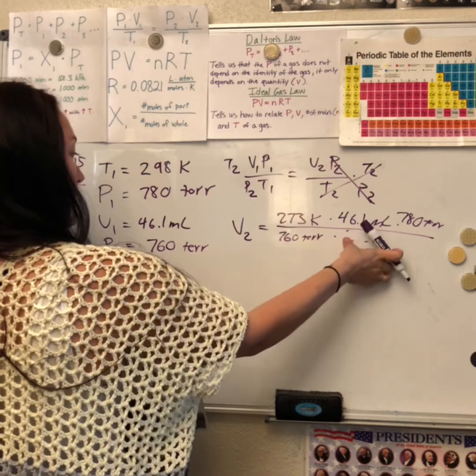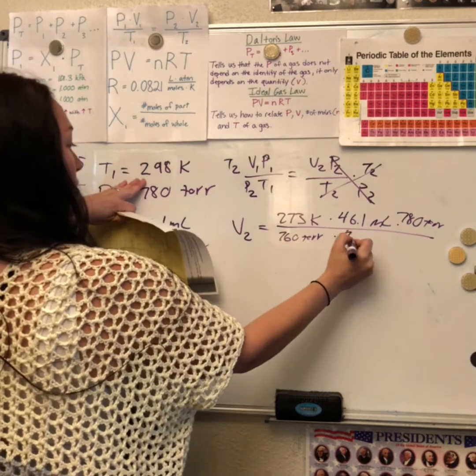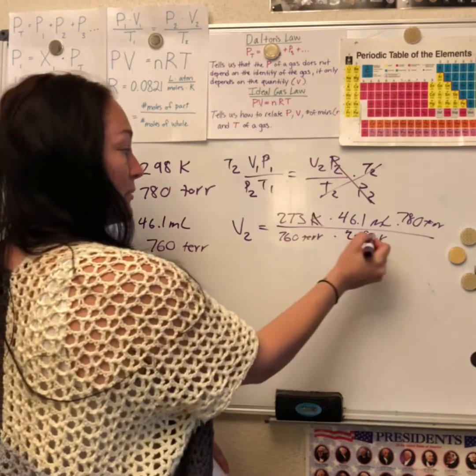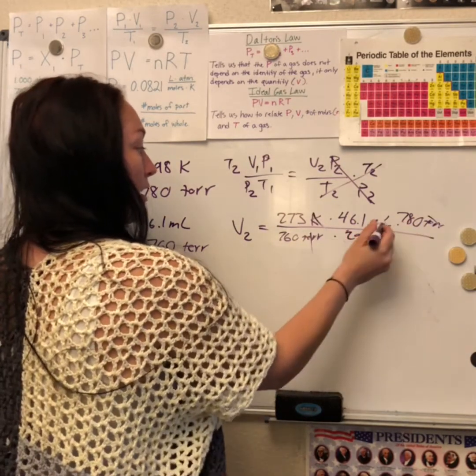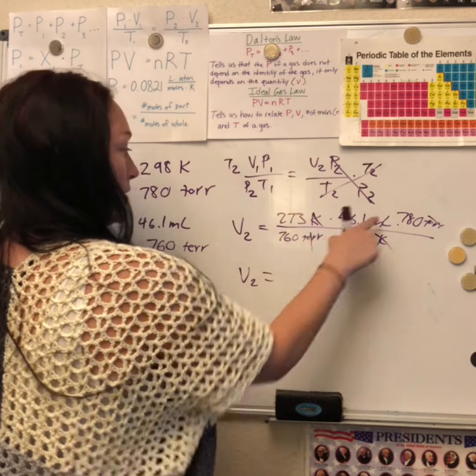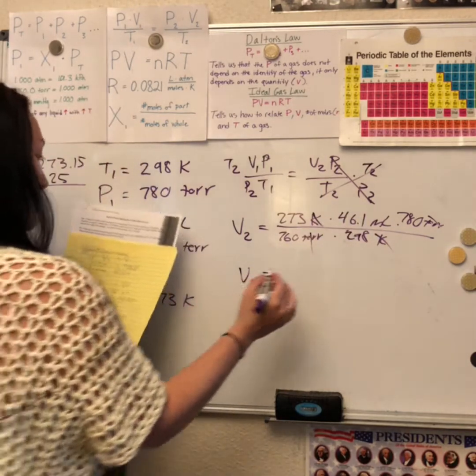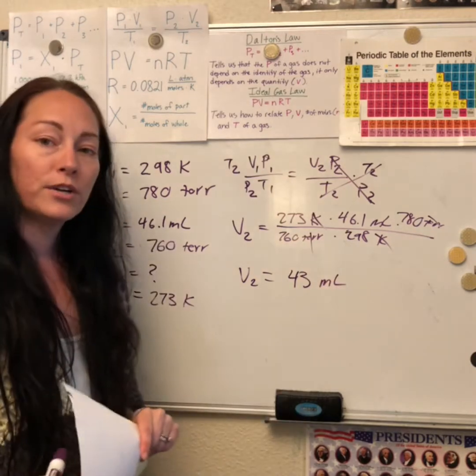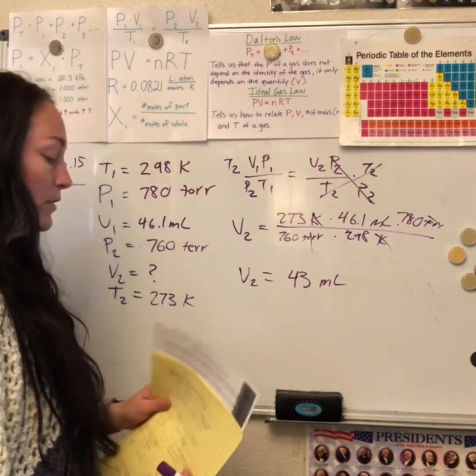Whoops, good thing I caught that. Temperature 1, 298 Kelvin. All right, so at this point, we just cancel our units, the ones that match, torr, torr, and my answer is going to be in milliliters. Crunch that all through, pay attention to significant figures, and I end up with 43 milliliters as my volume, okay?